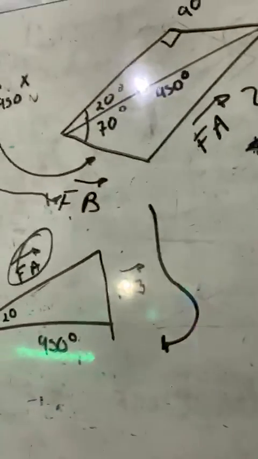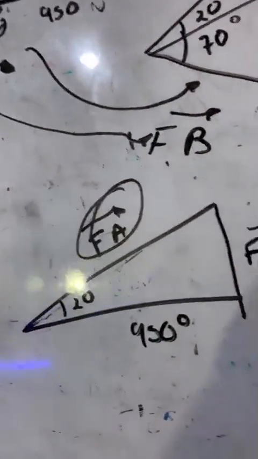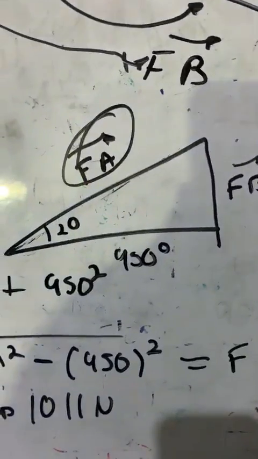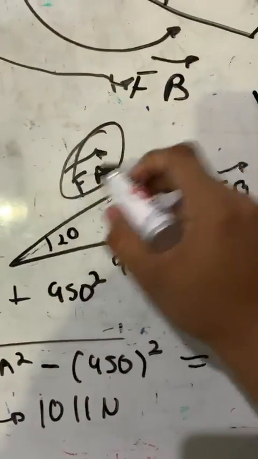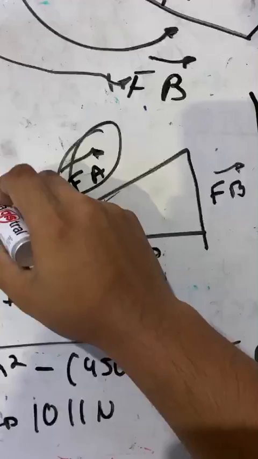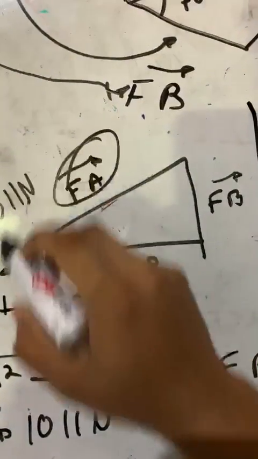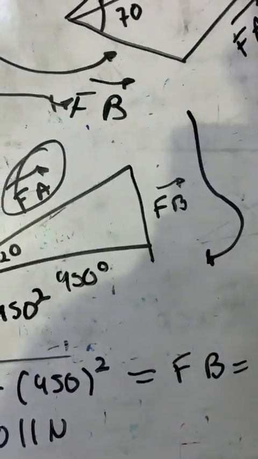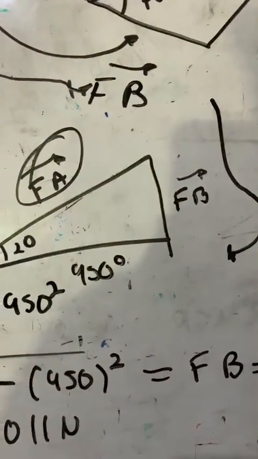And now we have to calculate force B. How? With Pythagoras. So now we have the force A, that is 1011 newtons, and we have to calculate force B. How? With Pythagoras, as I said.